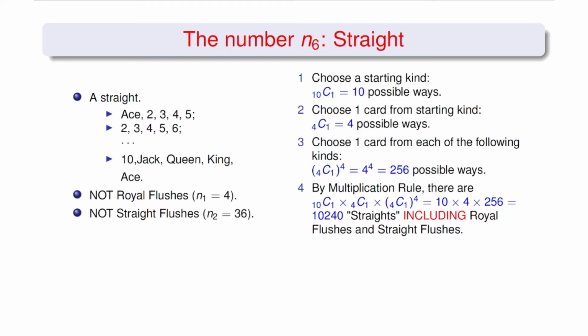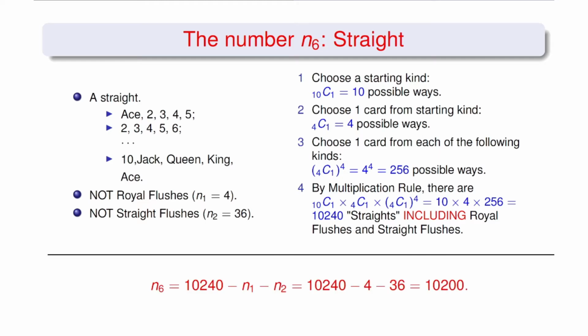We got to subtract those numbers from the total. Now, therefore, we have N6 equals 10,240 minus N1 minus N2. That is 10,200. That is the number of possible straights here.